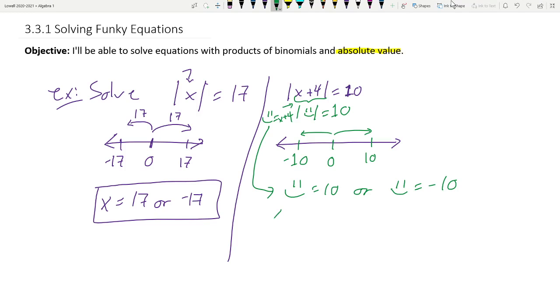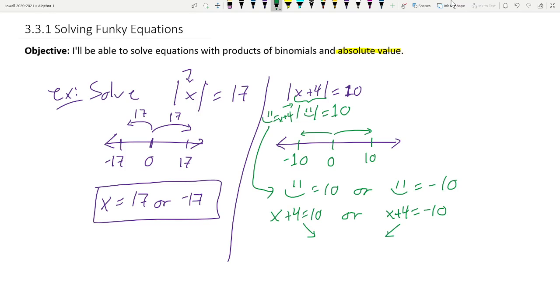Instead of smiley face equals 10, it's actually x plus 4 equals 10, or over here on the right side, x plus 4 equals negative 10. In this case, we just have two equations that we need to solve.